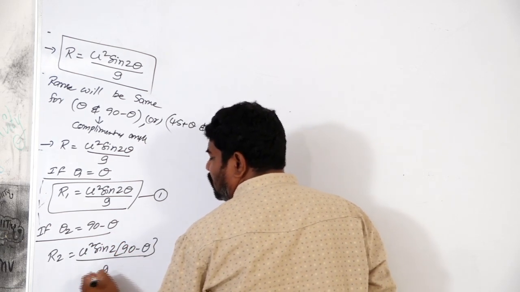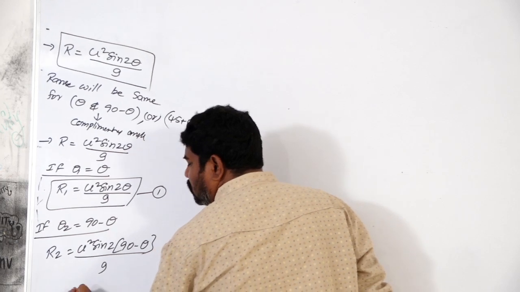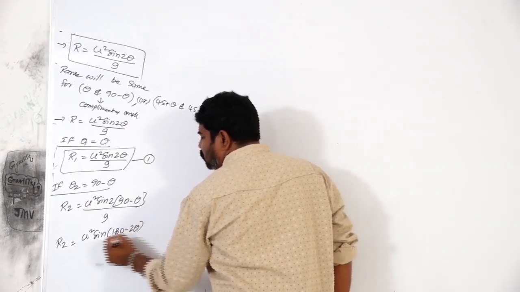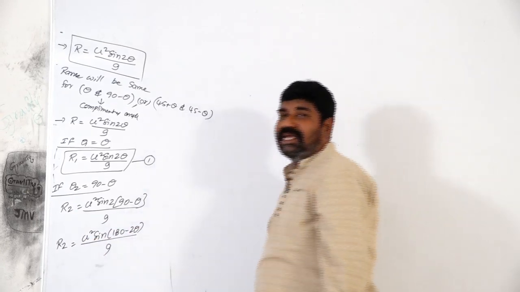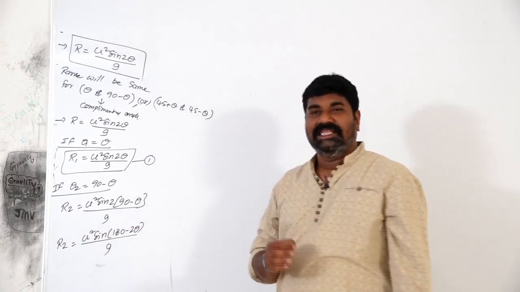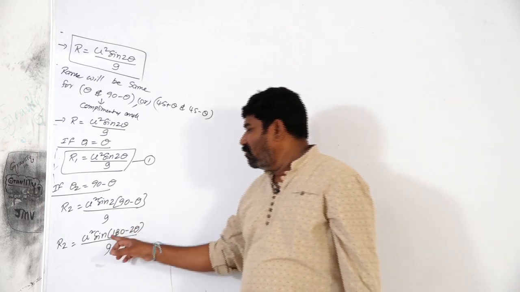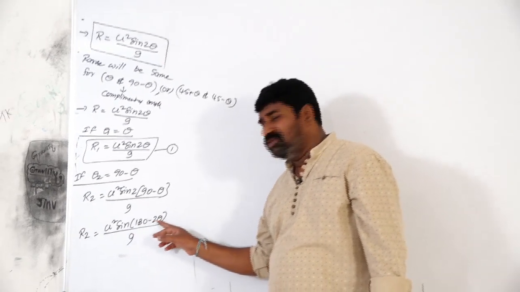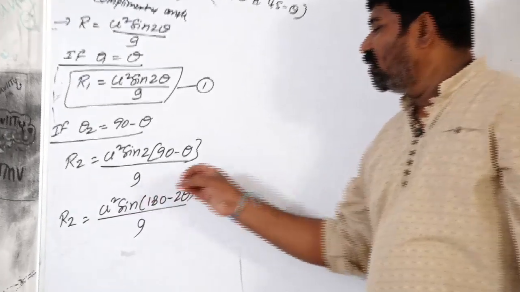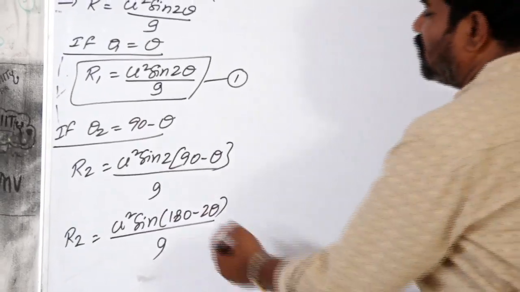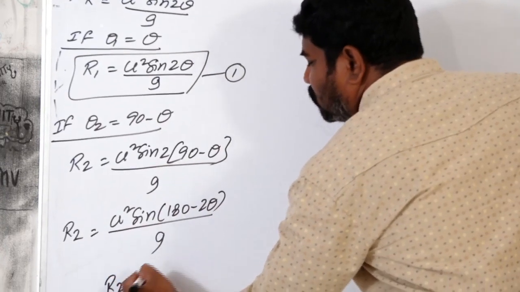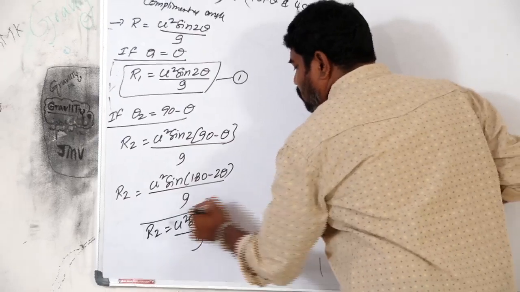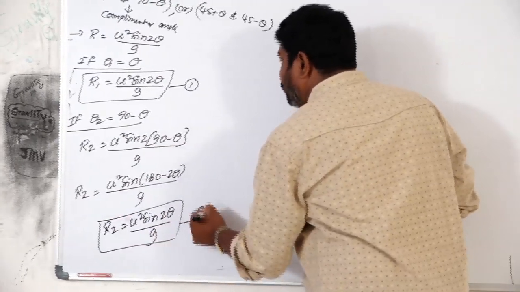So R2 is equal to U square sin of 180 minus 2 theta by g. Here sin of 180 minus 2 theta is equal to sin 2 theta. So R2 is equal to U square sin 2 theta by g. This is equation number 2.